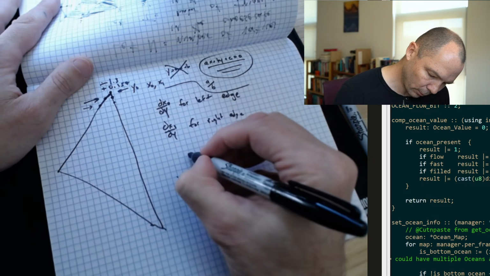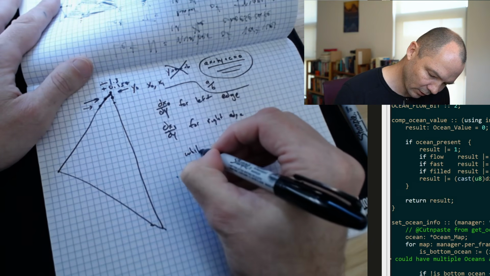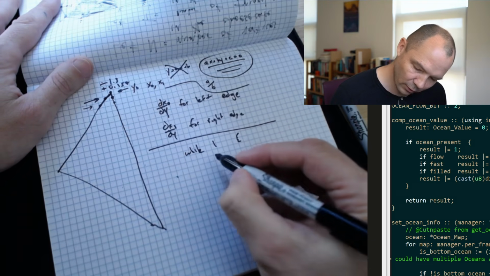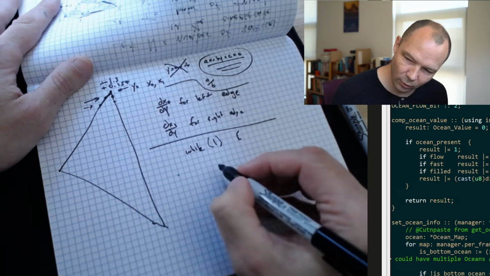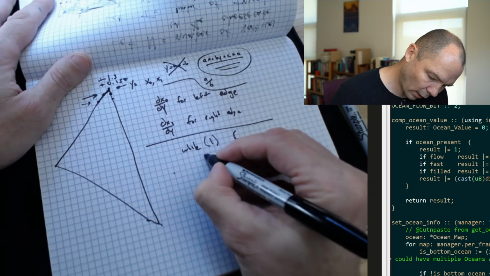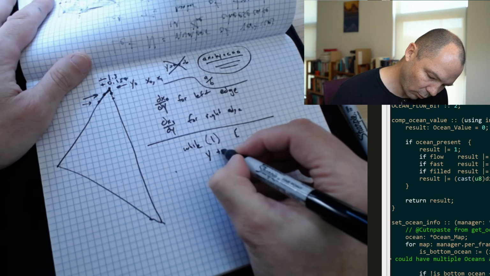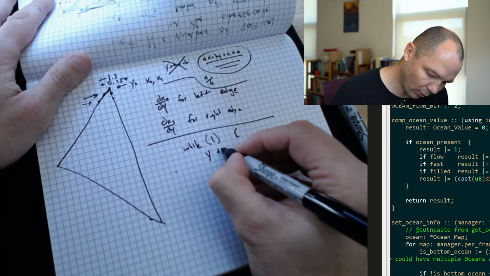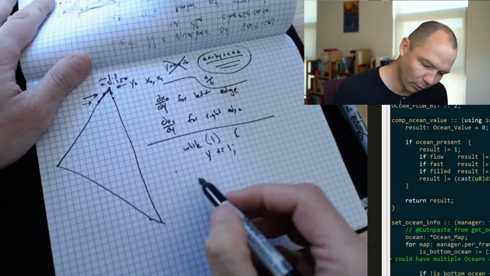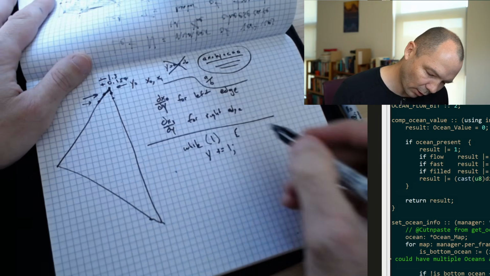You make a loop, like while 1. We're suddenly in pseudocode land here. While 1, we'll put parentheses in case it's C or something. So y plus equals 1. I don't like left-handed coordinate systems, which is what you get if y plus equals 1, but I said dy/dx is positive, so whatever.